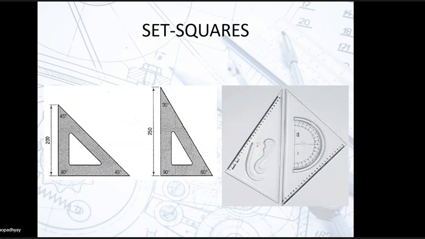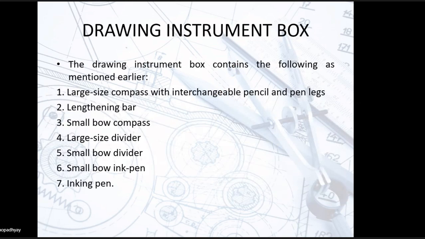Now in some cases, in the 30-degree, 60-degree set square, you have such types of markings, right? Now these are French curves, and you use them to join different points and get a continuous curve. Now coming to the drawing instrument box.